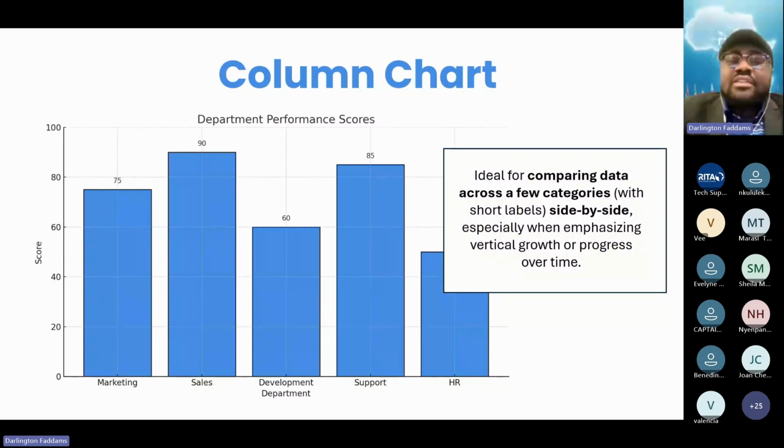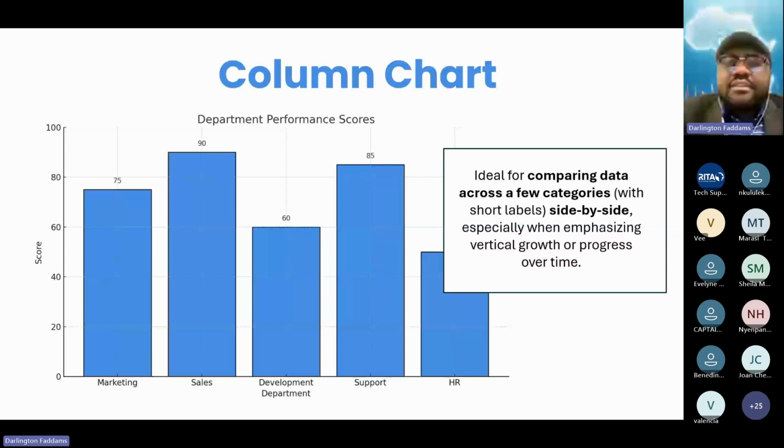And so it is best, and again, your job is to know when to use these charts. It is ideal for comparing a few categories. I like that, a few categories. Because if you have too many categories, it becomes very difficult to properly tell a story with these charts or properly allow stakeholders to get insights from the chart.